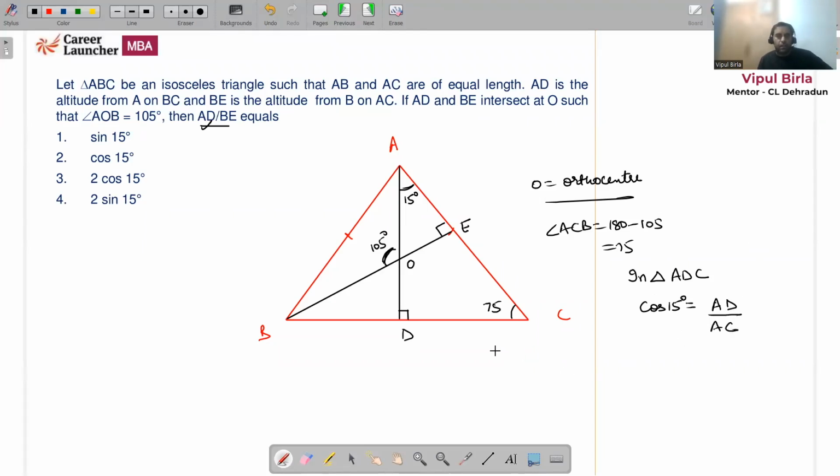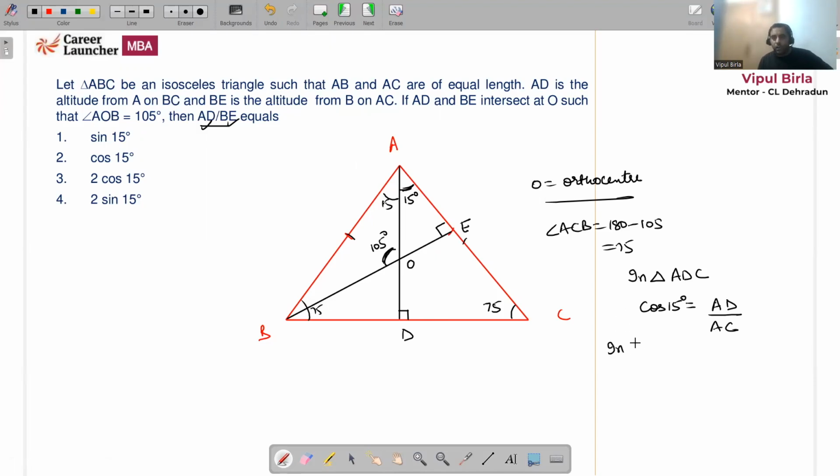Right. And the other thing we need is BE. So BE is there in triangle ABE. Now, if this angle is 15, because this triangle is isosceles, we can straight away say this will also be 15 and this will also be 75.